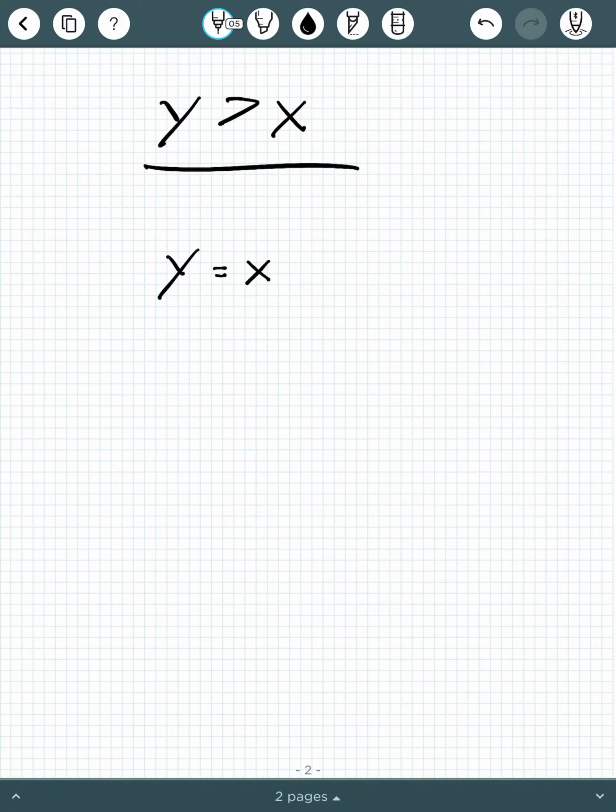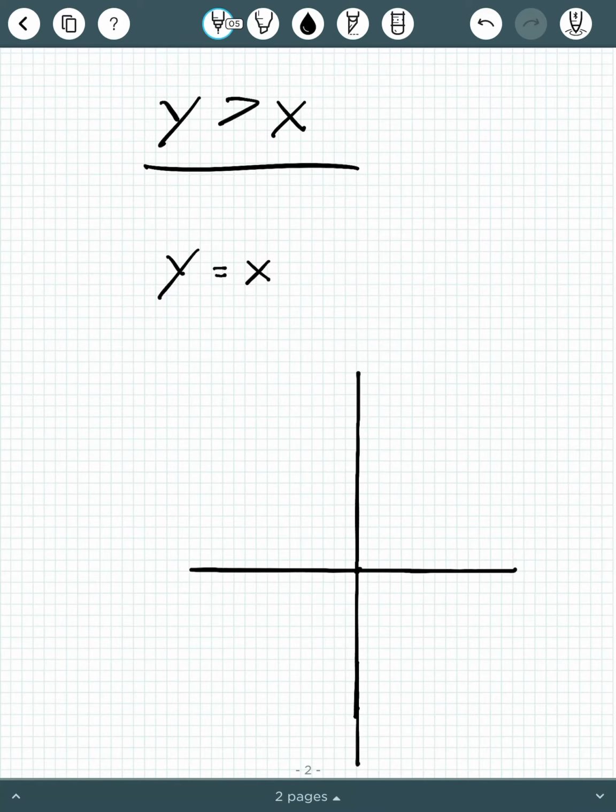We'll be on the coordinate plane, and I'll just sketch one here. So I've got my coordinate plane, and y equals x is an easy one, but let's go over just what y equals mx plus b form would be.